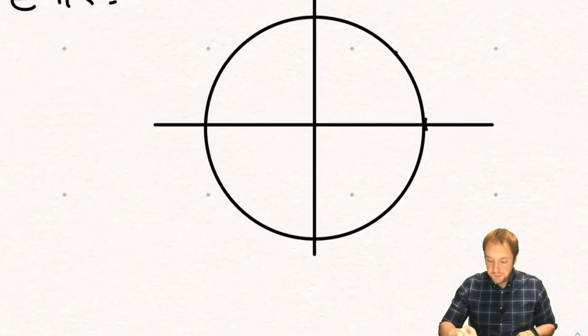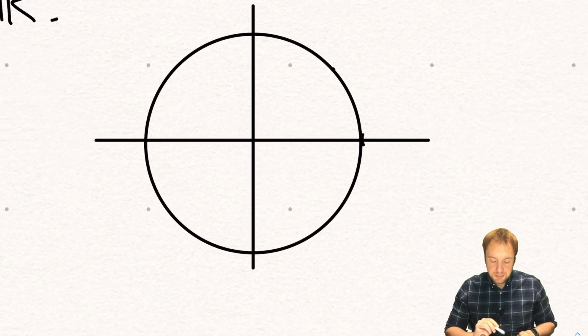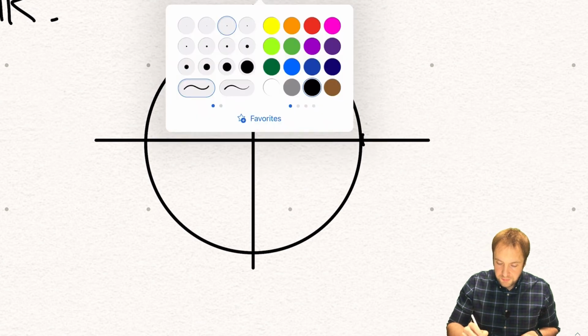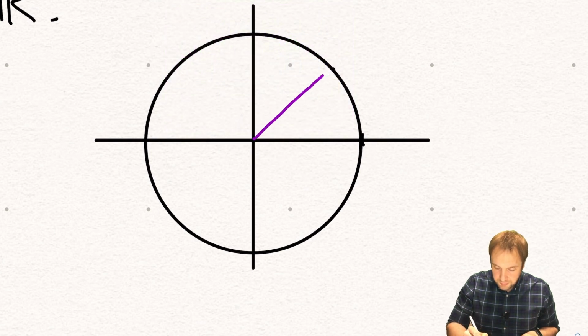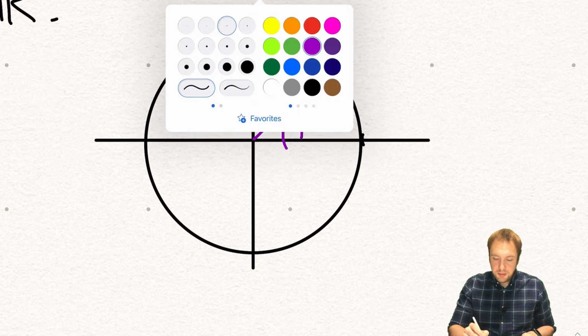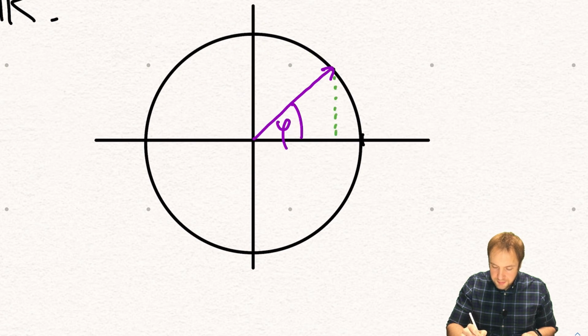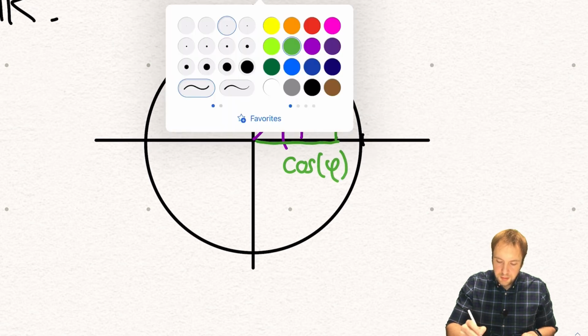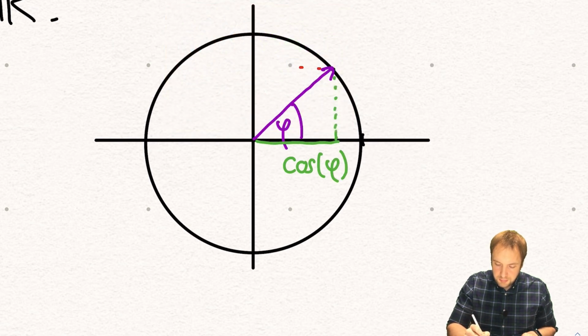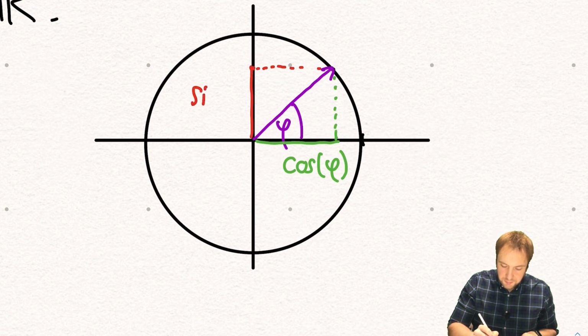And for this, first some basic high school math. If I have a vector here on the unit circle, and I have an angle phi here, then the length of this side here is the cosine of phi, and the length of this side here is the sine of phi, right?